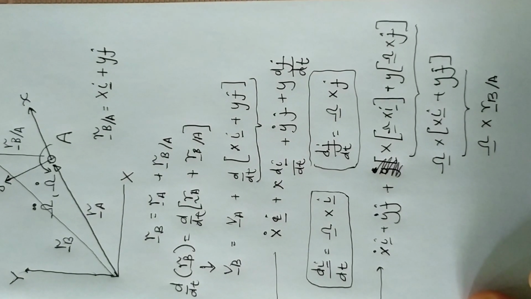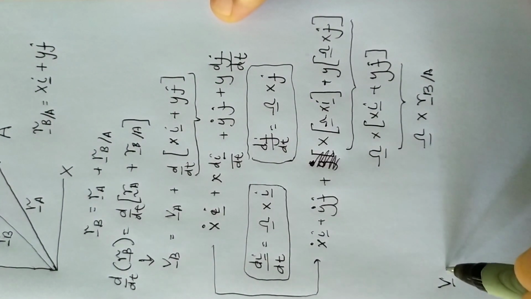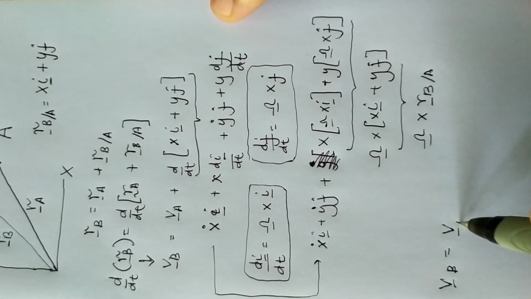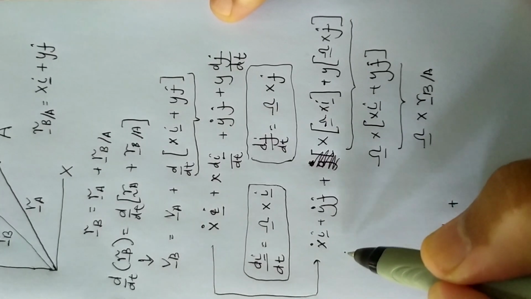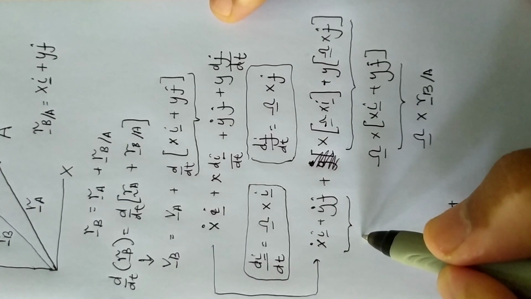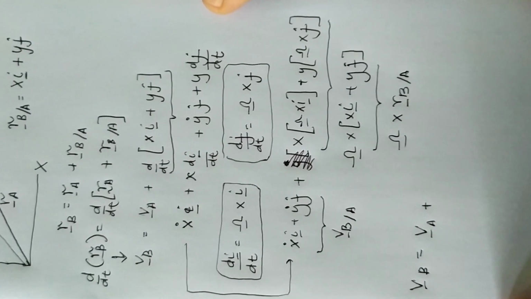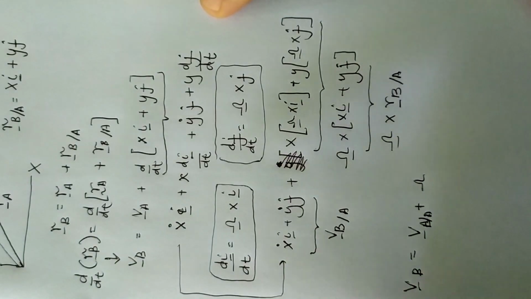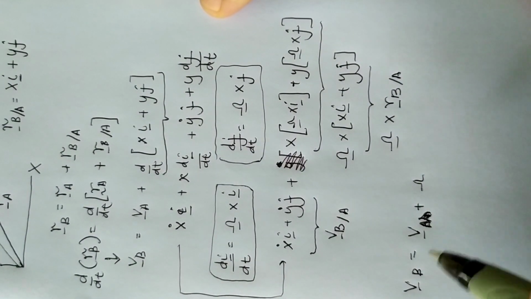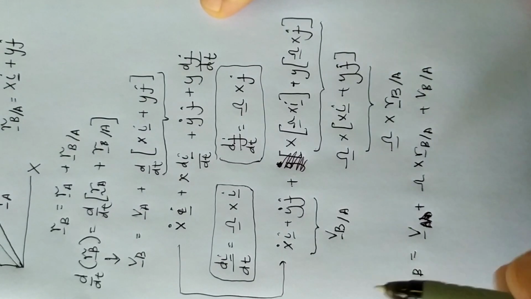So we can now rewrite the velocity term. The velocity vB equals vA plus omega cross position vector B relative to A plus vB relative to A. So there are three terms here.